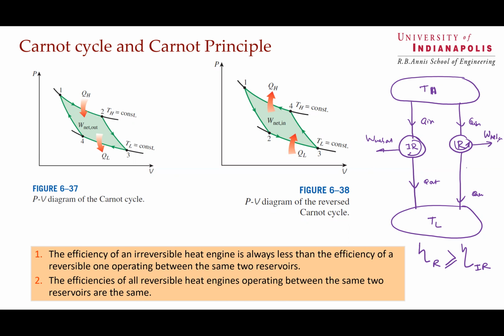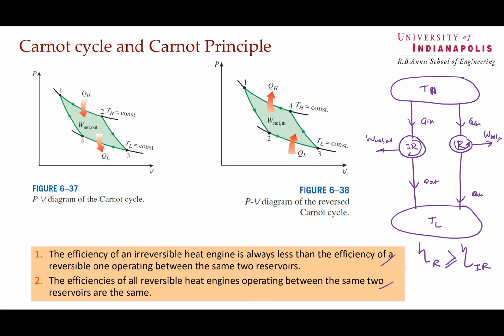So if you have 2 reversible heat engines operating between the same thermal reservoirs, they have equal efficiency. One of the examples is the Carnot cycle, and these are called the 2 Carnot principles. The efficiency of an irreversible heat engine is always less than the efficiency of a reversible one operating between the same 2 reservoirs.